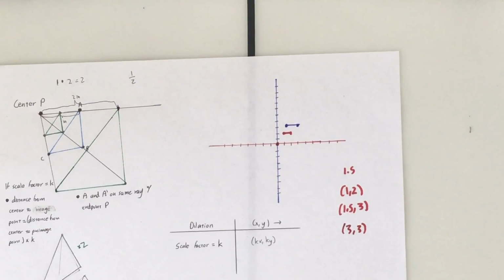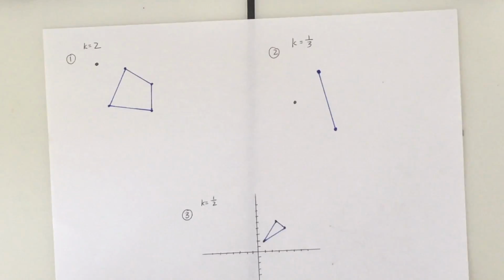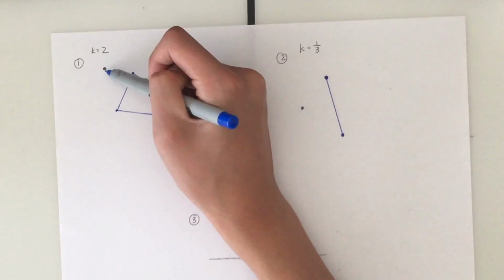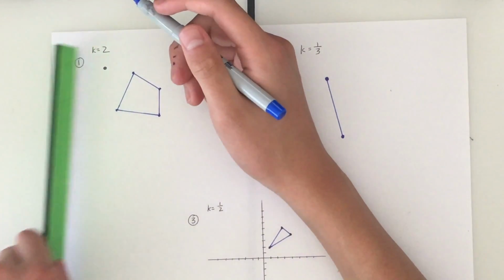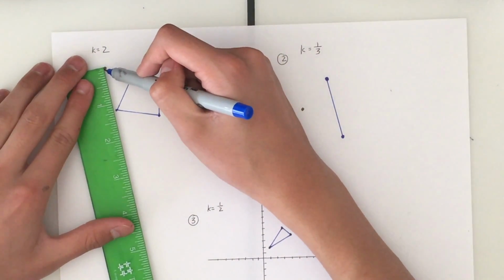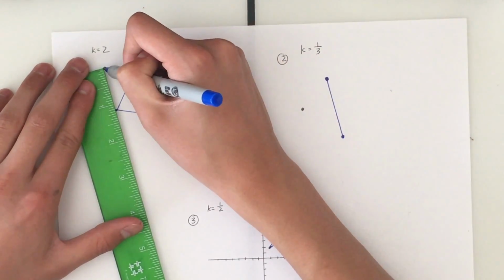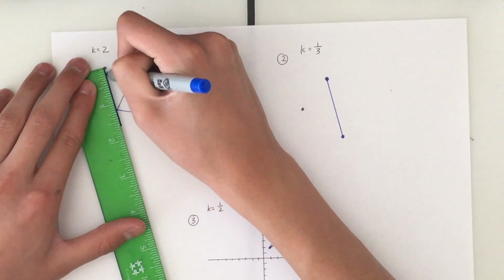Since this is a pretty easy concept, we'll only do a few practice problems. Let's start with some synthetic ones. Right here, the scale factor is 2, and let's dilate this quadrilateral from this center. We'll do what I showed earlier. We put the ruler here and we draw a ray that has the endpoint of the center and contains the pre-image points.